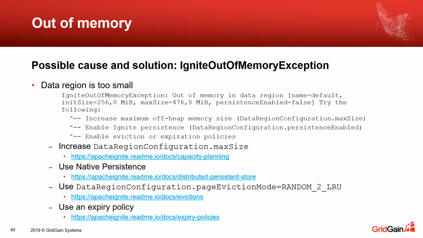And also you can use eviction and expiry mechanisms, which allow you to get rid of some of the data. Eviction is a mechanism that removes some data when you reach your off-heap memory capacity. And expiry is a mechanism that removes the data by timestamps, that removes the data that is old and wasn't accessed in a long time.